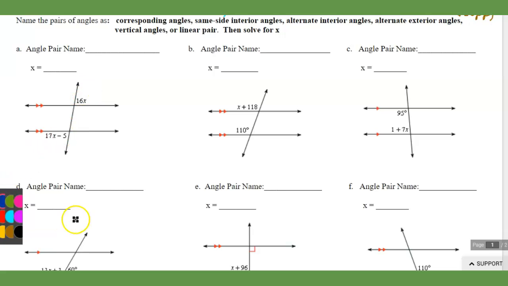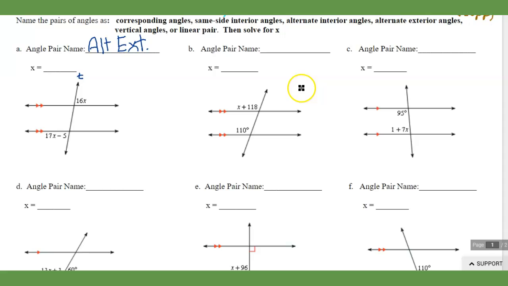Okay. Use your notes above. Yep, they're on different sides. If you wanted to label it, this is the transversal. Different sides are alternate sides, so we know it's definitely alternate. Are these on the interior or exterior of the parallel lines? Right, these are on the exterior, so alternate exterior angles. That's step 1, just naming all these properly.